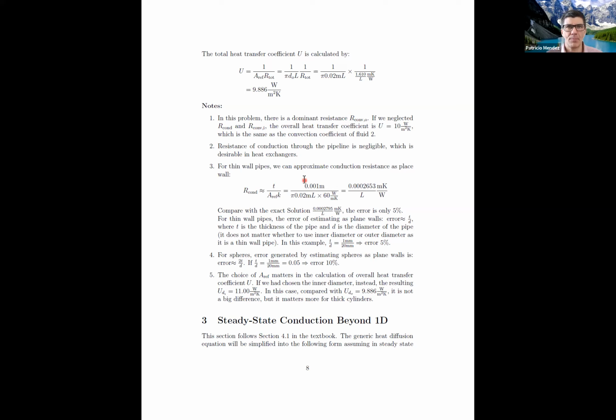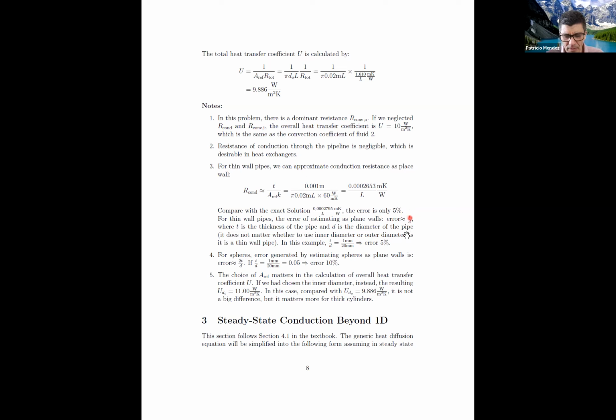How big should the pipe be so we can consider a plain wall? If in a cylinder we use the formula for a thin wall, for a wall instead of a cylinder, the error is of the order of thickness divided by diameter, right? And because we're talking about thin wall, it doesn't really matter if it is inner or outer diameter.